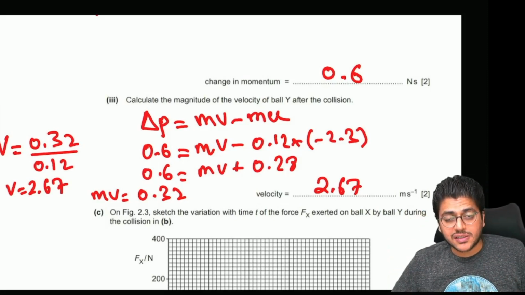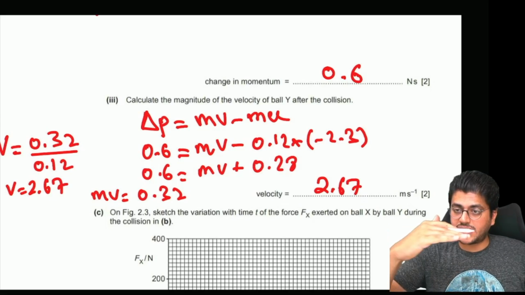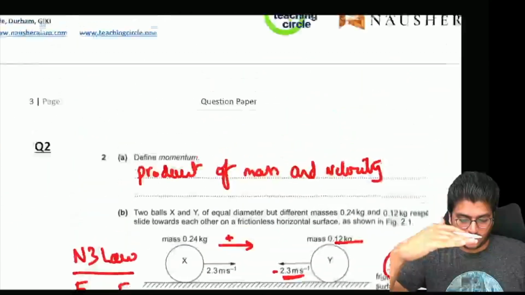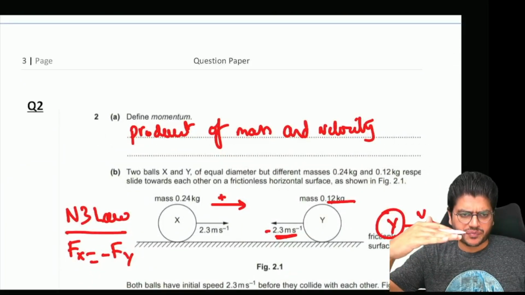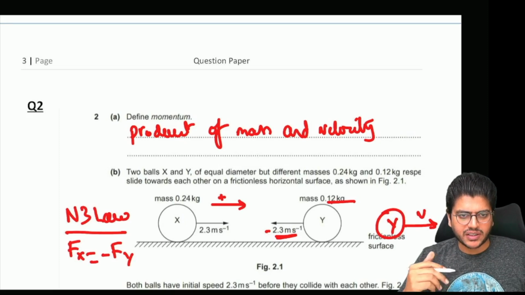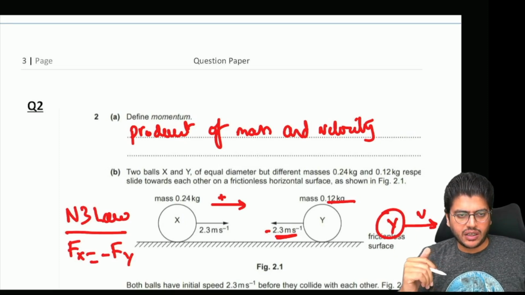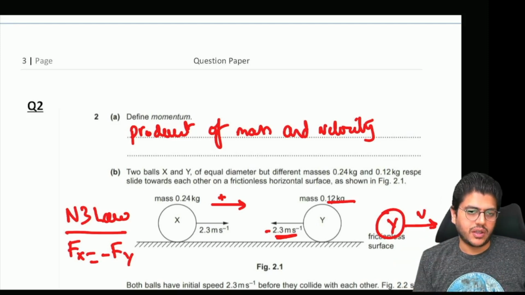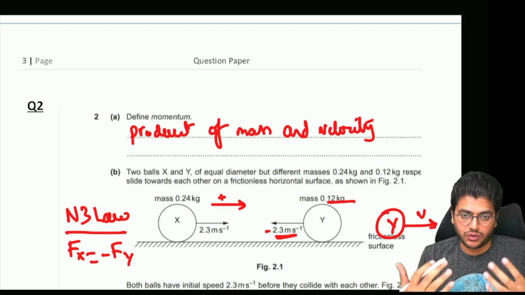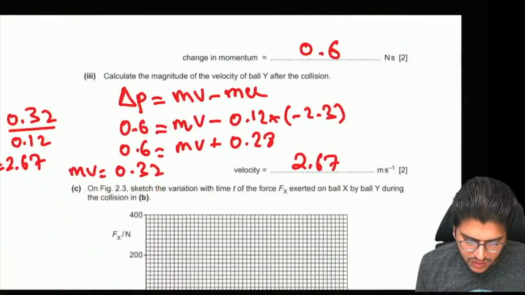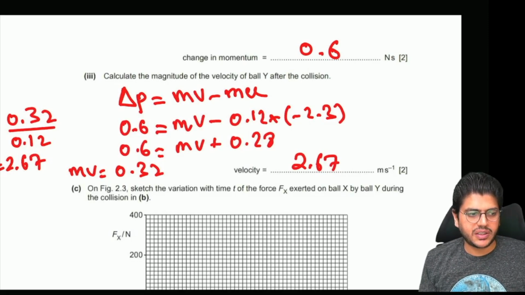But that's not the case. I was moving in this direction and I took this direction to be negative, as you can see over here. I'm taking 2.3 to be negative, which means I'm taking the direction of Y to be negative. And then I get my final velocity as positive from the equation. What does that mean? That after collision, Y reversed direction. So 2.67 should be the final answer.